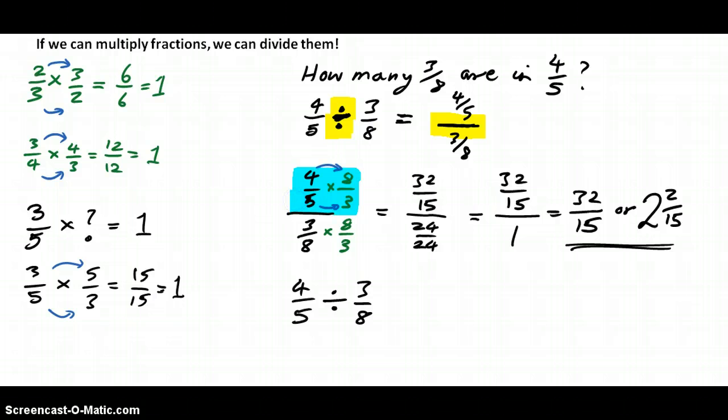That's the calculation that we're doing, and this division is the same as doing a multiplication. But we have to adjust the second one, so the second fraction is upside down. So 4/5 divided by 3/8 is what we started with, and it is exactly the same as 4/5 times 8/3. Well, you know how to multiply, so there you are, done.